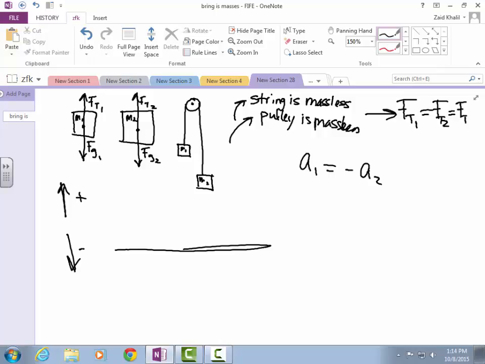Subtract this. What happens to the FTs? They cancel. What do you get?